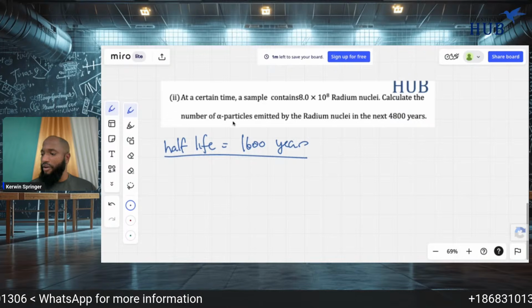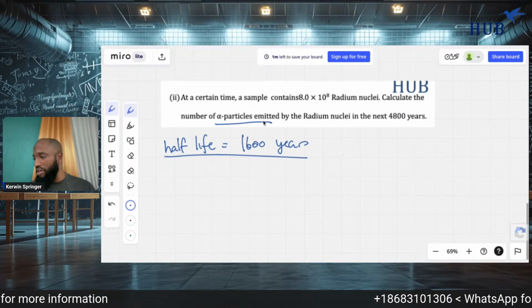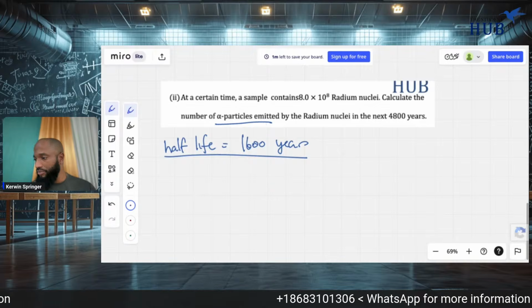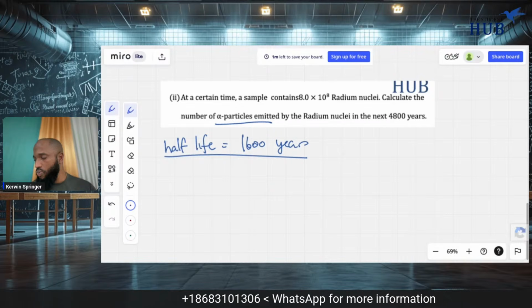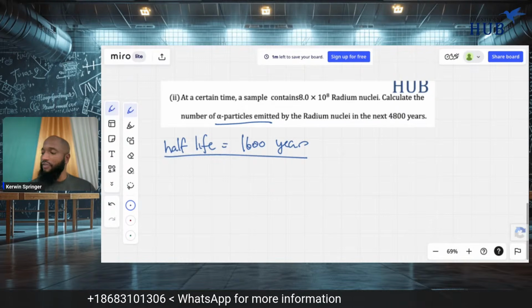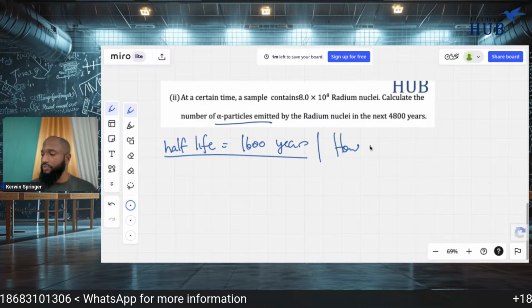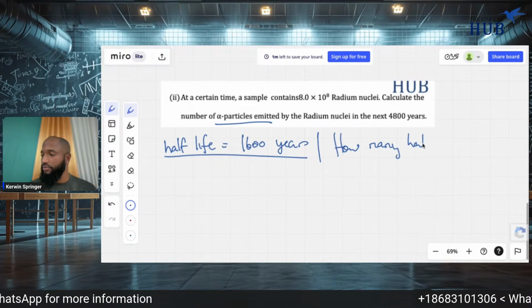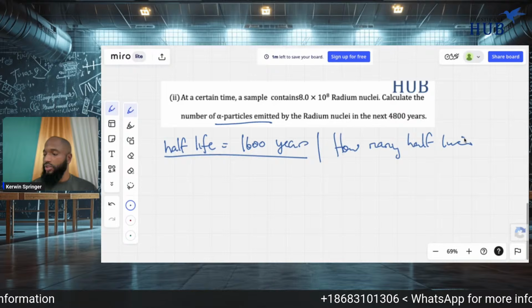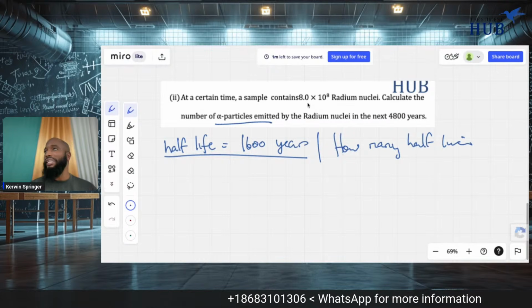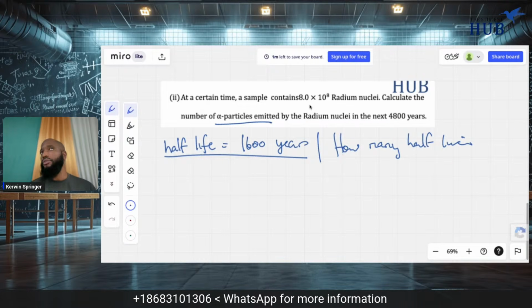Now, they want the number of alpha particles emitted by the radium nuclei. How many half-lives pass? So 3 half-lives means that this gets halved 3 times.